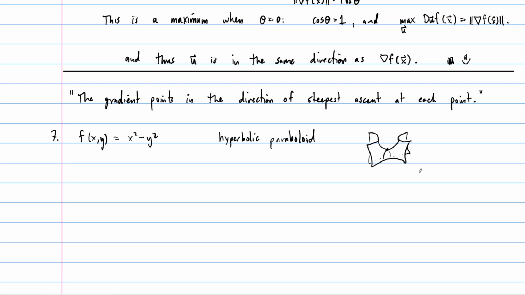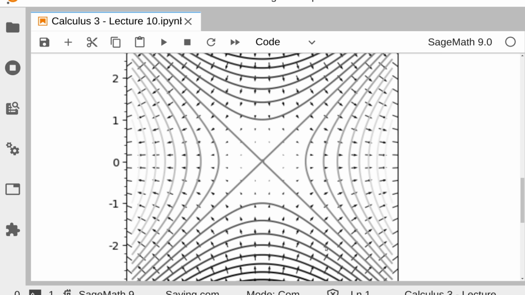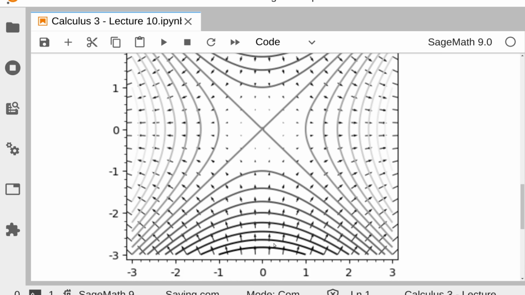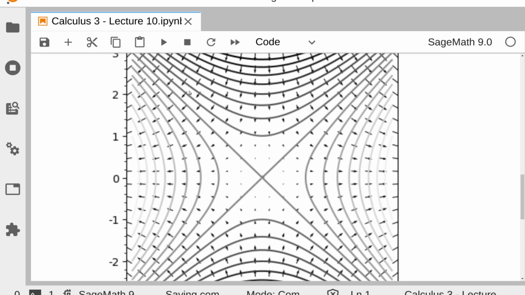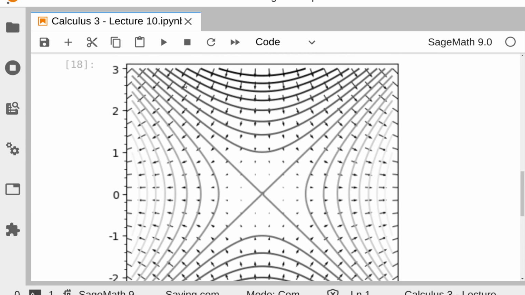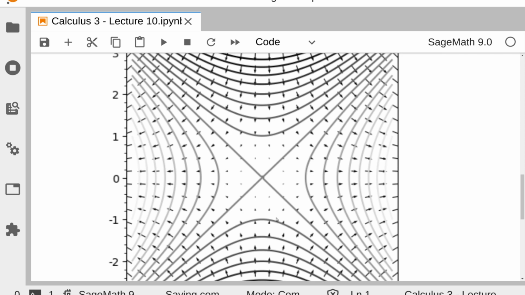And so anyway, the idea here is that every one of these vectors represents the gradient, and those gradient vectors are pointing in the direction of steepest descent. And one thing that we can notice is that these vectors are not attached at the exact same points as the level curves, but the ones that are, you can see they look like they're perpendicular to the level curves, and it turns out that they always are.